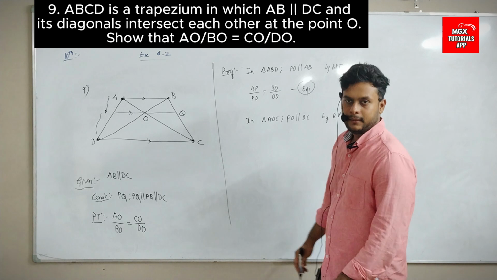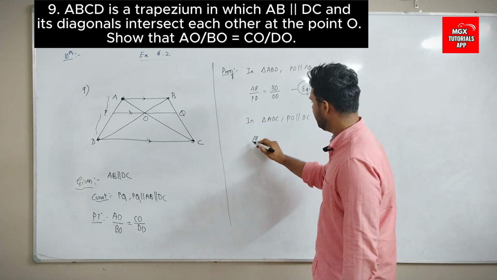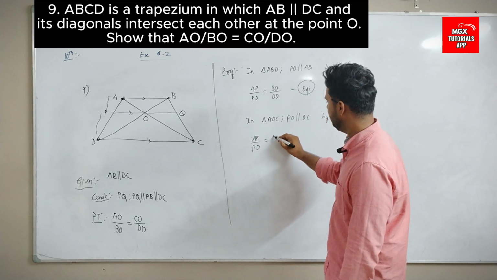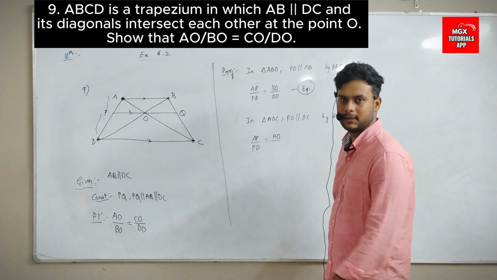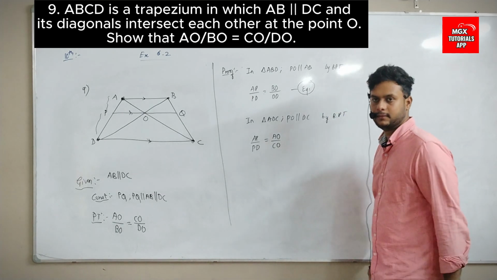Again AP by PD I can take. AP by PD is equal to AO by OC, or CO. We'll take CO because I also took CO earlier. Any doubts here?